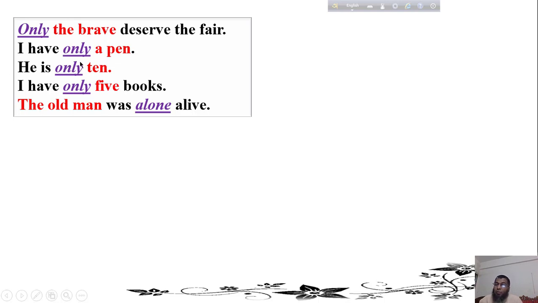The second one, I have only a pen, আমার শুধুমাত্র একটি কলম আছে. So this only refers to a pen. What is a pen? It is a thing. So the first one refers to a person, the second one refers to a thing, and the third one, only 10, this only qualifies the number 10. And the fourth one is the same. The old man was alone alive. Here alone refers to the person.